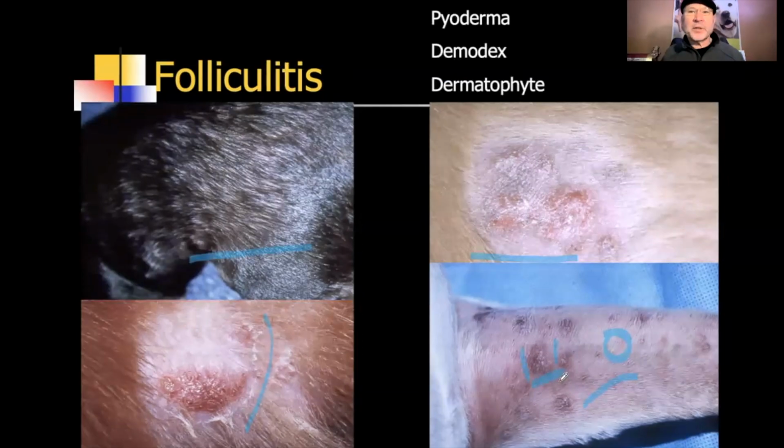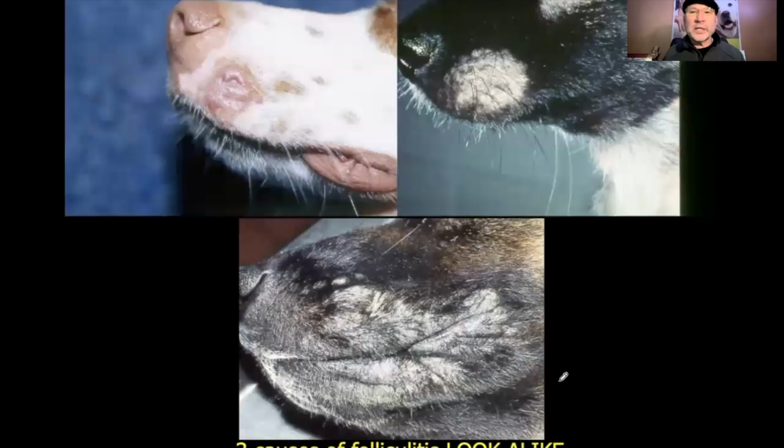So how are we going to tell these three etiologies apart if clinically they can look exactly the same? So clinically, you cannot differentiate these causes of folliculitis, and you have to do cytology and various additional diagnostic techniques to figure out the etiology. Saying that, this dog has dermatophytosis. It was digging in some mulch and developed a soil-borne dermatophyte, which is a type of ringworm.